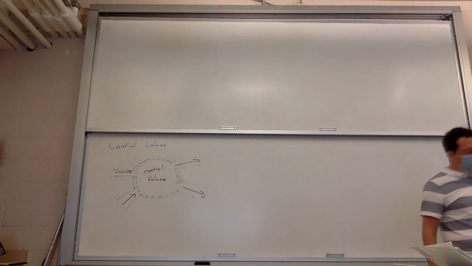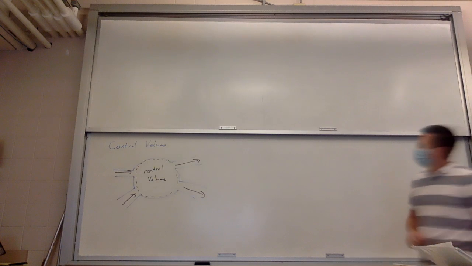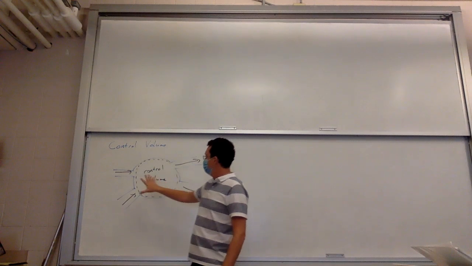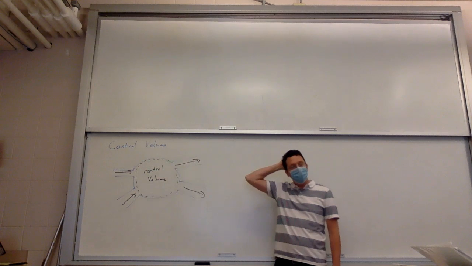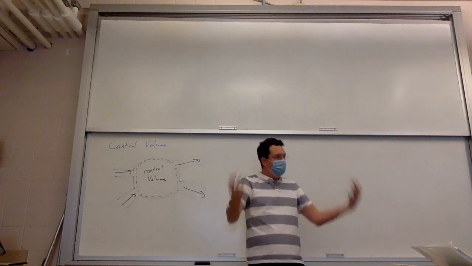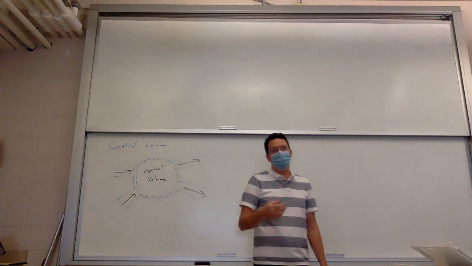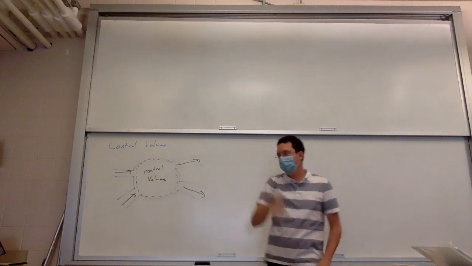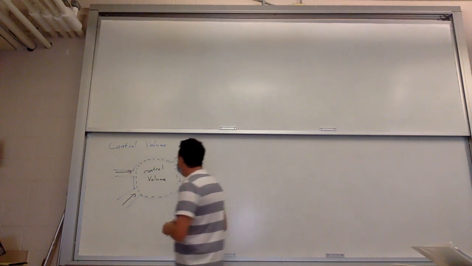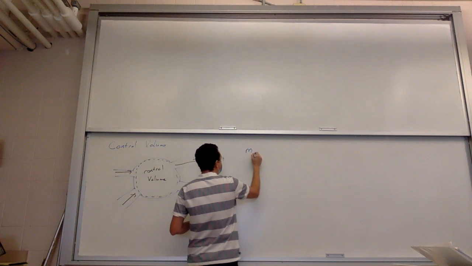Okay, so because you can have mass enter and mass leave, we don't think about the mass. Instead, it's more useful to think about the rate of change of mass, or the instantaneous rate of change of mass. So let's think about the mass of the control volume.